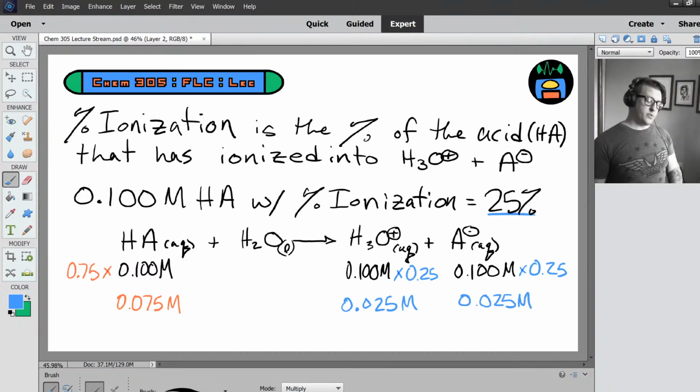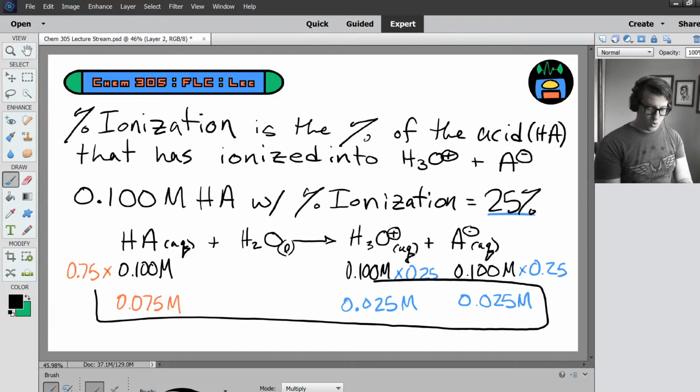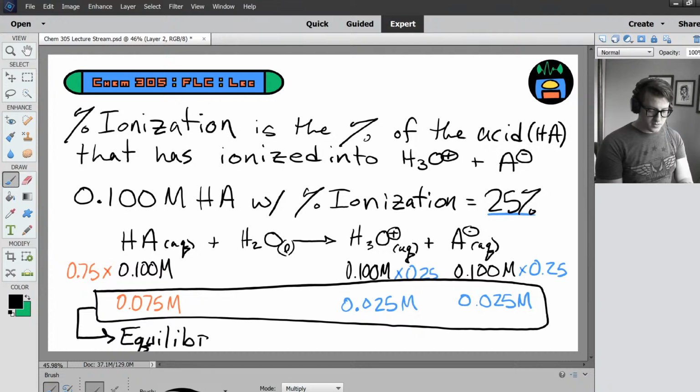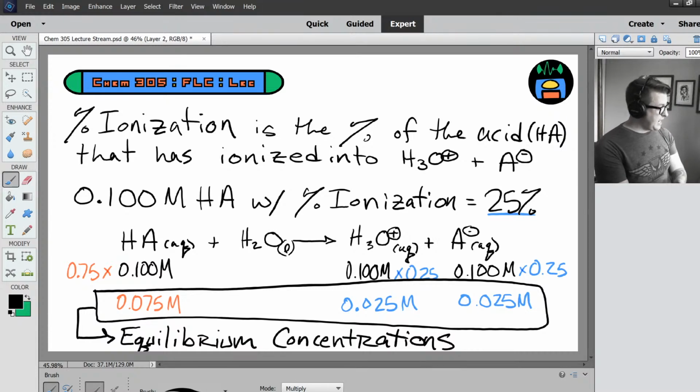All right. So the percent ionization tells you how much of that initial acid is splitting up, and you can use it to determine your equilibrium concentrations of your acid, of hydronium, and your conjugate base.